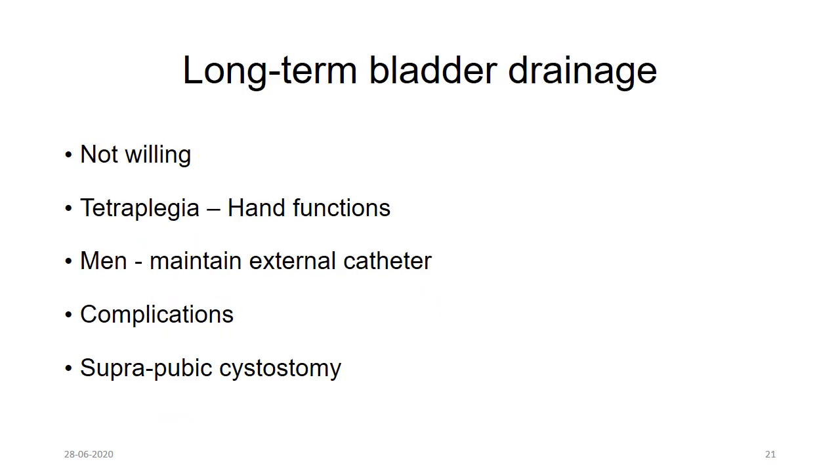In certain cases, the patient may need long-term bladder drainage. Which are these conditions? If the patient is not willing to do ICC, intermittent clean catheterization. The tetraplegics who cannot perform intermittent catheterization due to loss of hand dexterity is the second one. Then men who are not able to maintain the condom catheter on the penis with an areflexic type bladder will also need long-term bladder drainage.